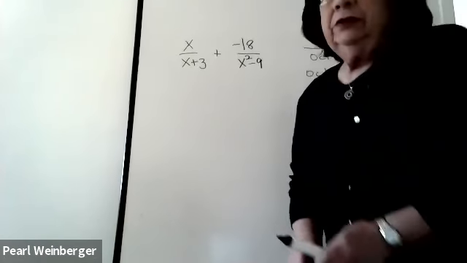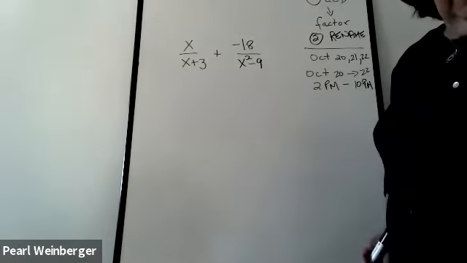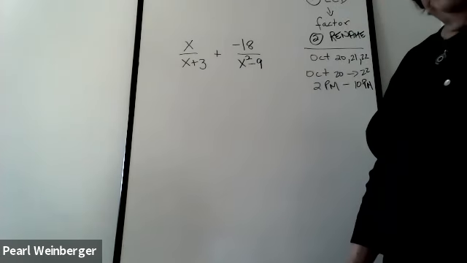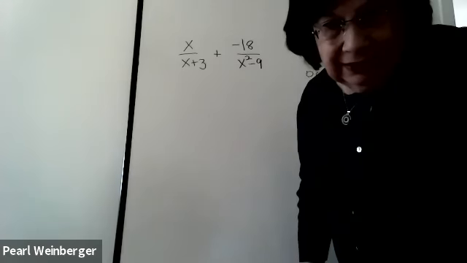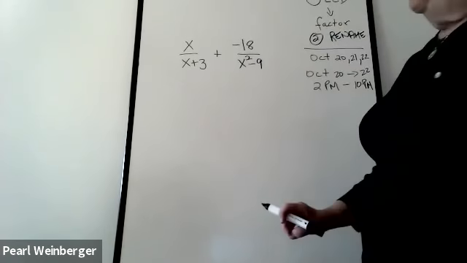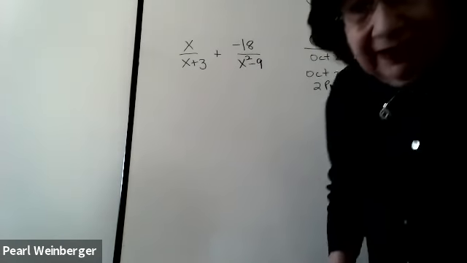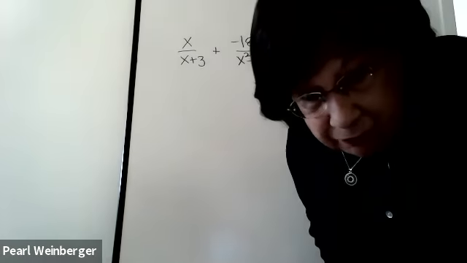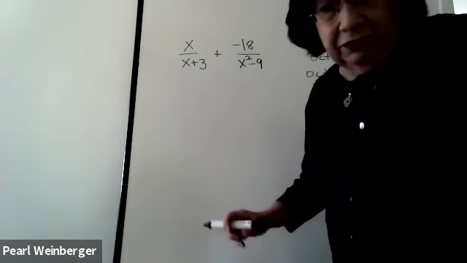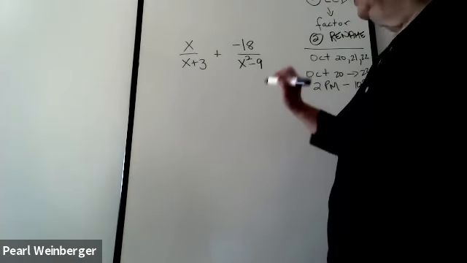Okay, so let's look at this problem and see if we can do this problem. Okay, let's see if that's the answer I come up with, Hoda. And I'm glad that when you put the answer, you put them in parentheses. Very good. It looks right, but let's make sure.